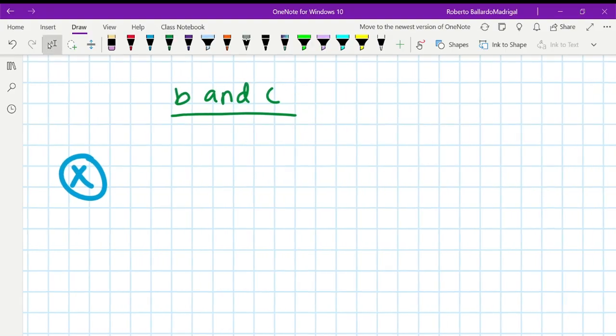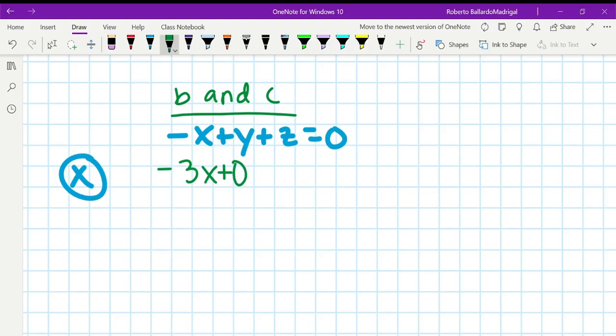So B was negative x plus y plus z equals 0. And then we said that C was negative 3x plus 0y plus z equals 0.